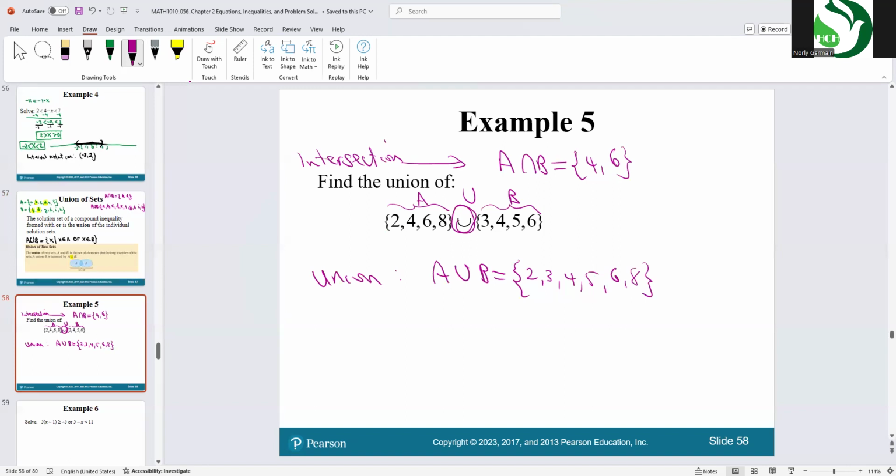How about solving compound inequalities containing or? Or means union, right? So look, in this case, anytime you see and, you see intersection. Anytime you see or, it means union. Okay.